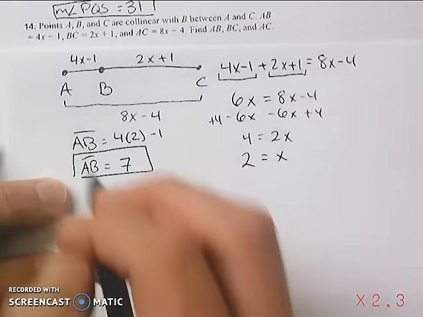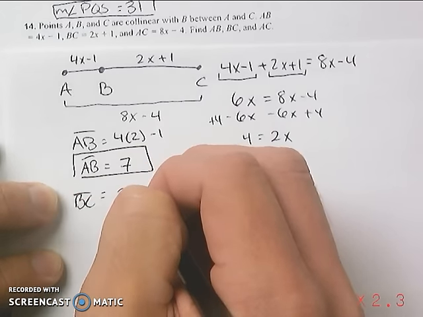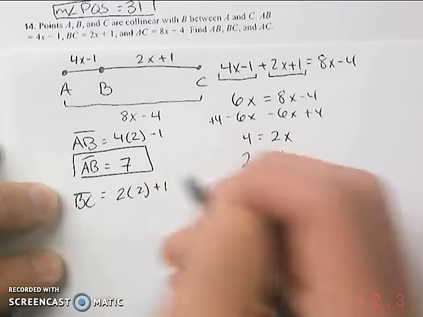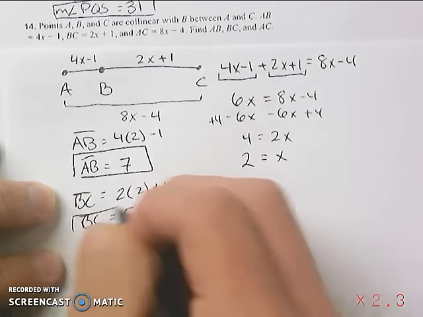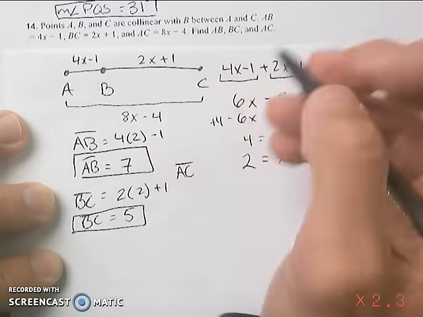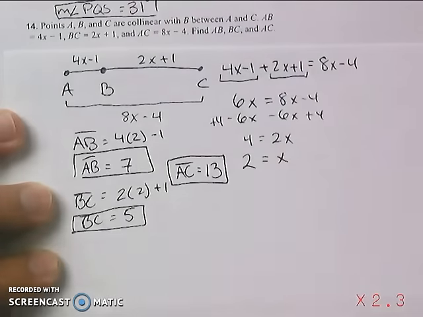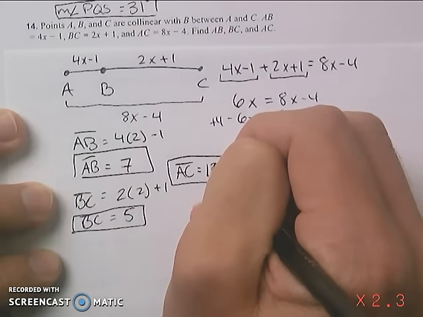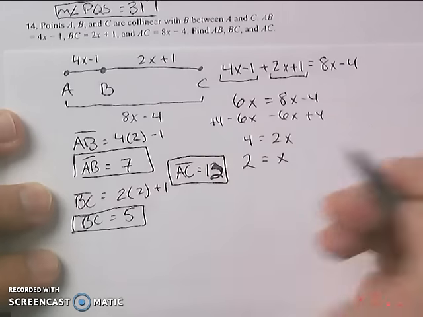Then BC, it's going to be 4 plus 1 or 5. And then the whole segment is going to be the combination of those two. So 7 plus 5, which is going to give me 13. I'm sorry, not 13. 12. Okay?